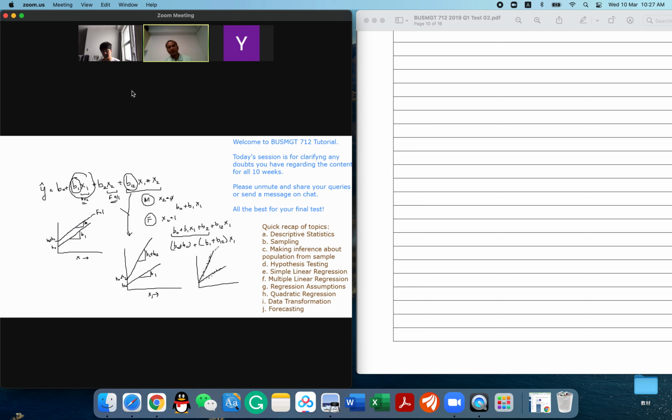Does it make sense? A follow-up question then. Let's say I run my regression and I look at my binary coefficient of male and female, and I see that its p-value is quite large, so it's not statistically significant. Then I look at my hours as well, and I see that it's also not statistically significant.